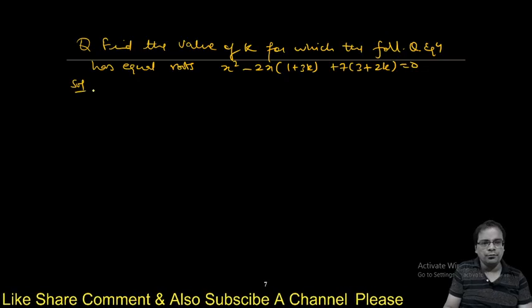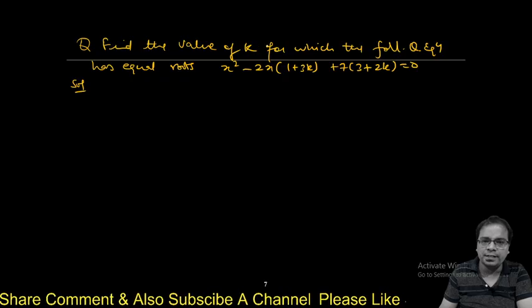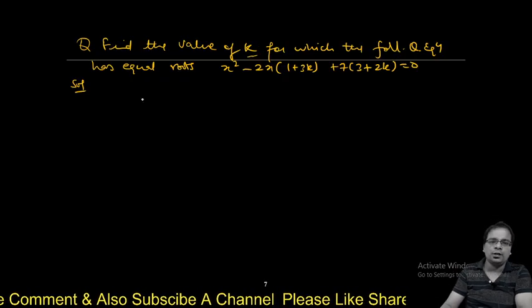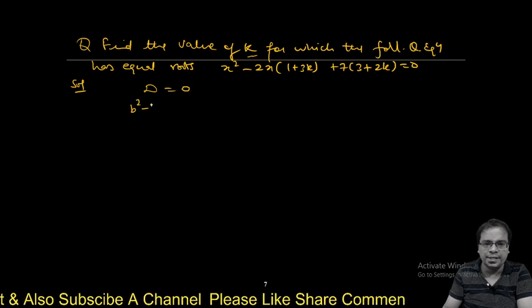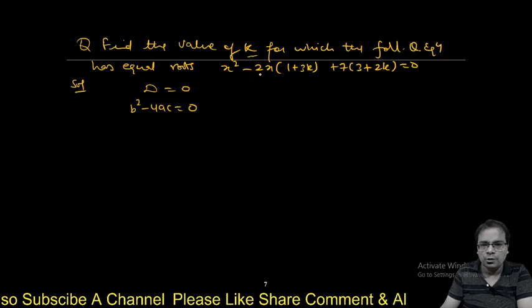So here what do we have to do? Find the value of k for which the quadratic equation has equal roots. Equal roots again means D equals 0. So b square minus 4ac equals 0. What is the value of b?